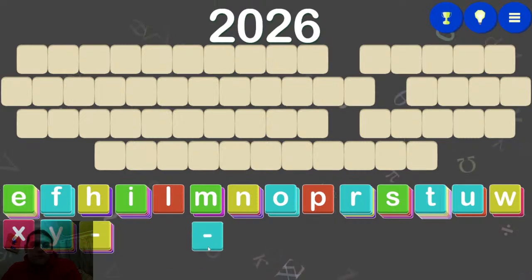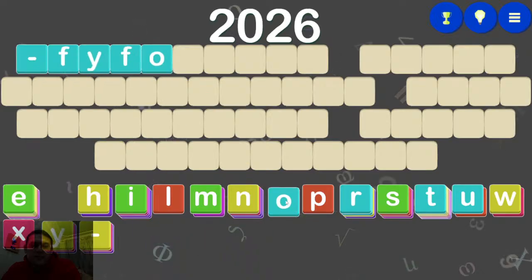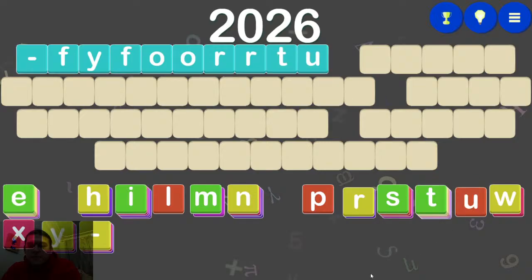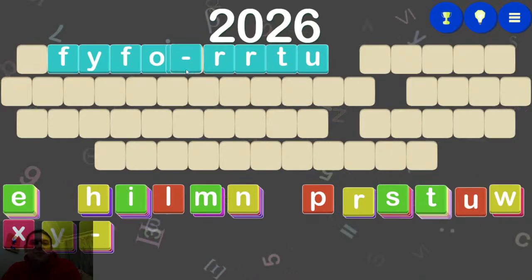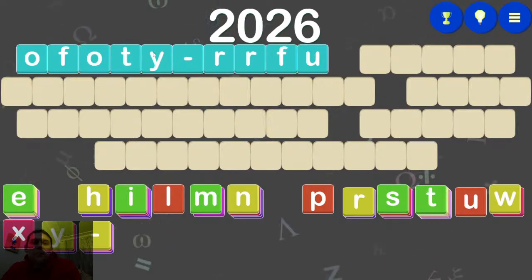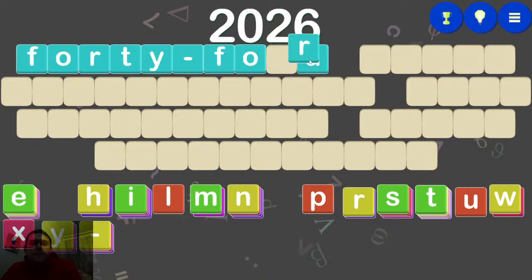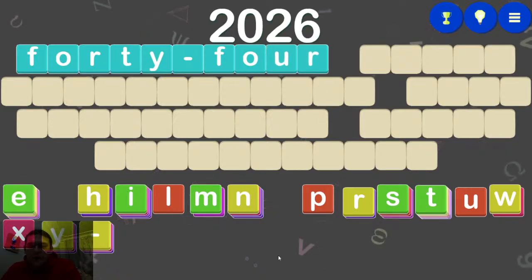So these blue letters, which lay on top, they go to the first word, and I can just place them here. So of course it is a two digit number. 40, yeah, 44.